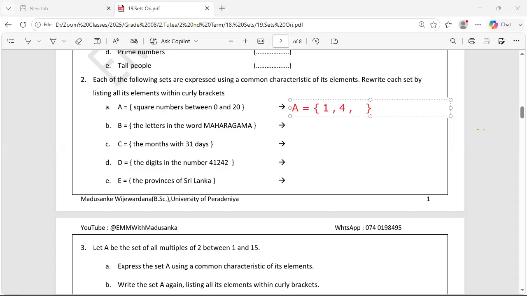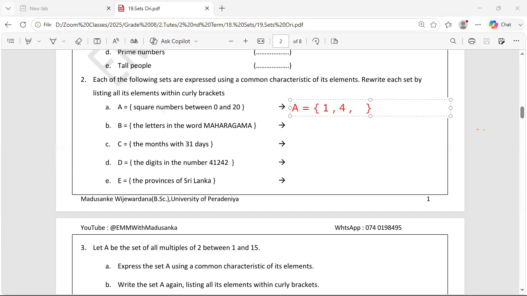Yeah, I got it. That's for your extra knowledge. How many provinces are there in Sri Lanka actually? Okay, nine.